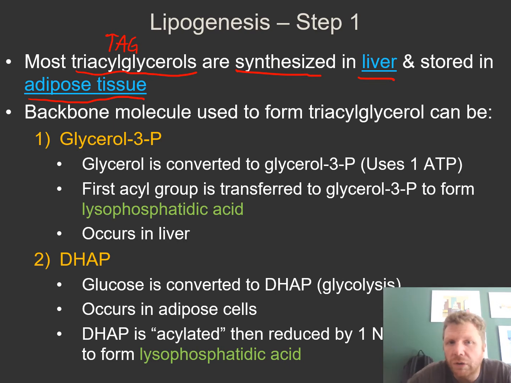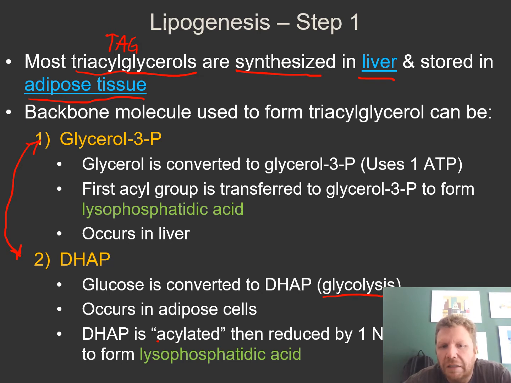Next, it can also be from dihydroxyacetone phosphate. Now, these two things are very similar to intermediates in glycolysis. Glucose is converted into DHAP through glycolysis. This is going to occur in adipose tissue.